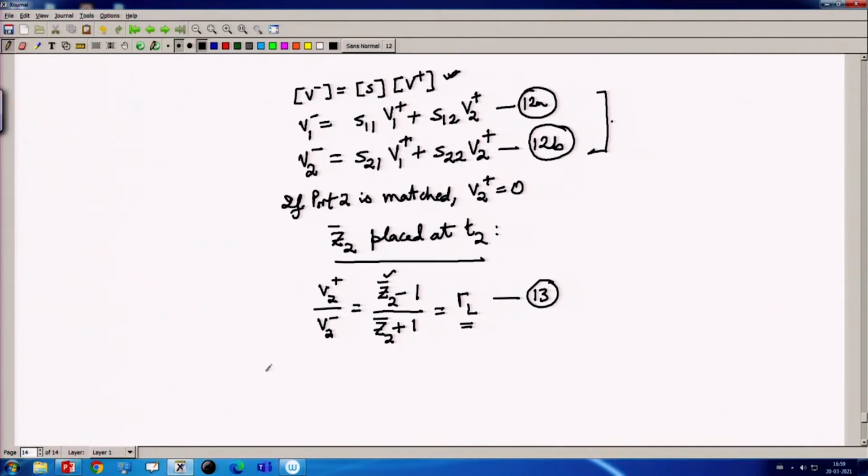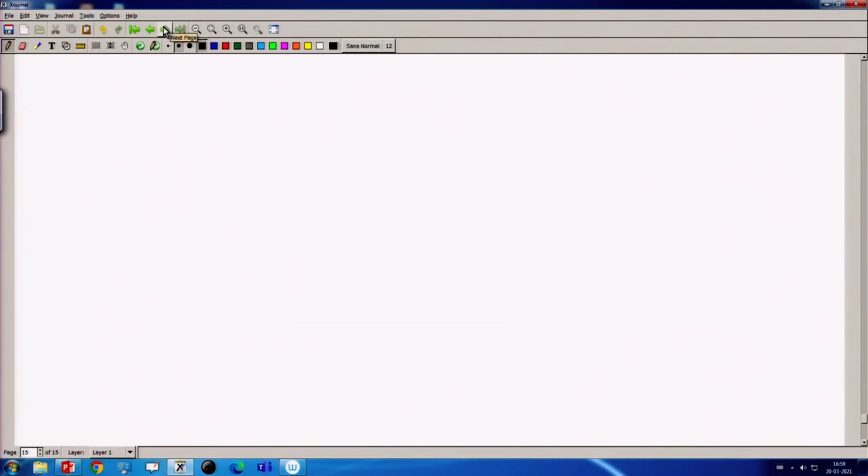So, if I substitute 13 to 12, we will get, and that will be equal to S12 gamma L V2 minus, let us call this one.